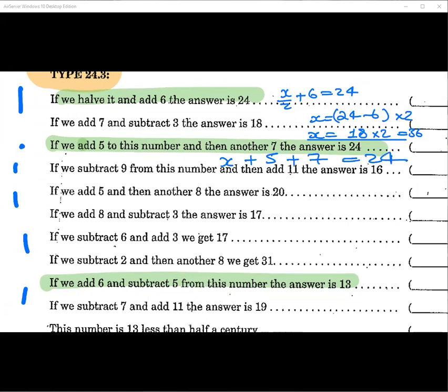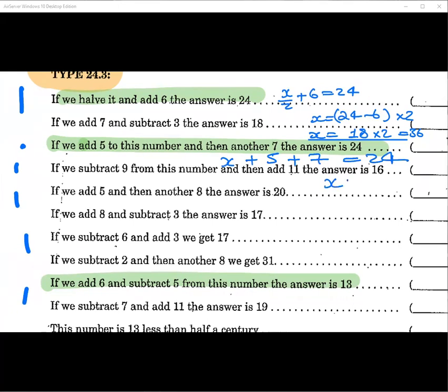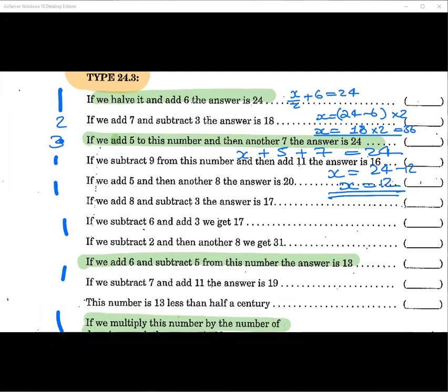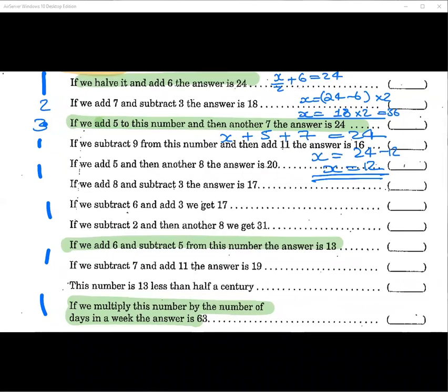Okay, answer for question number 2. Let's have Mr. Hasib. What's your answer? What's your answer for the second question? I think Hasib's gone to sleep. Okay, let's. I've got 12.